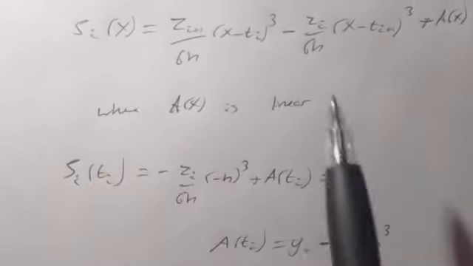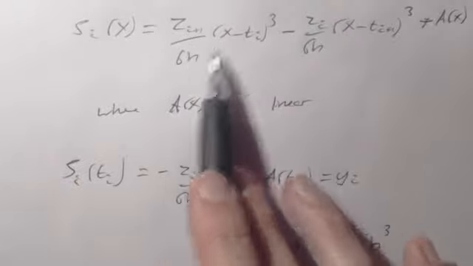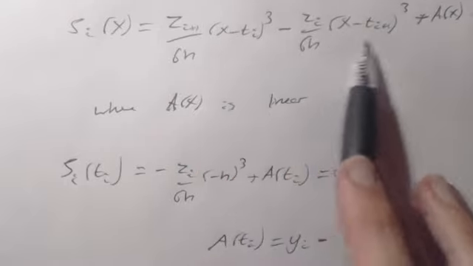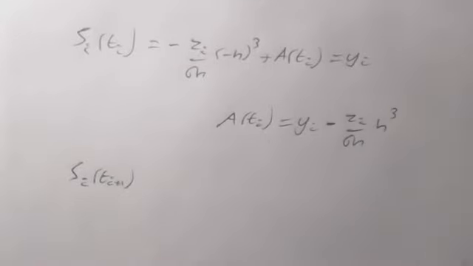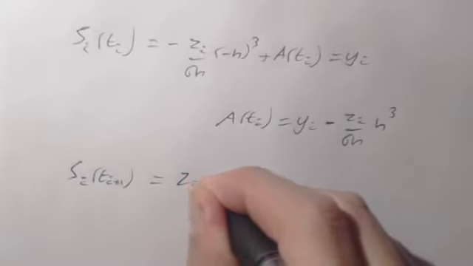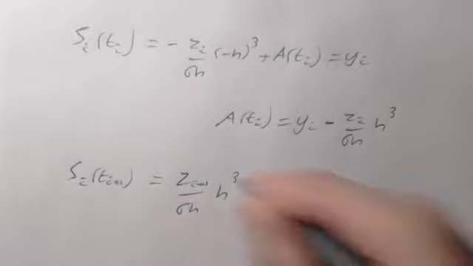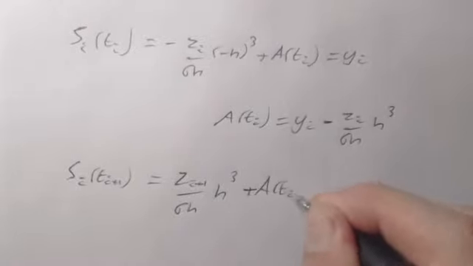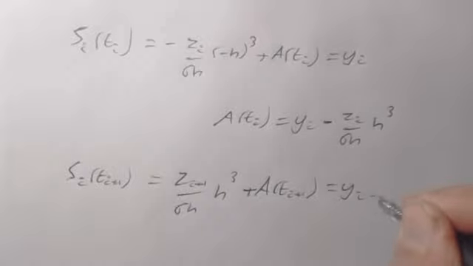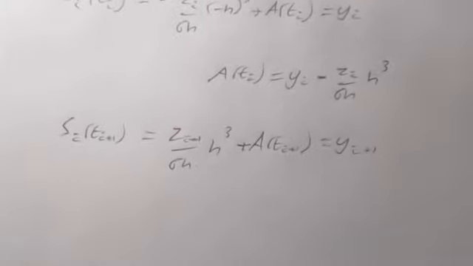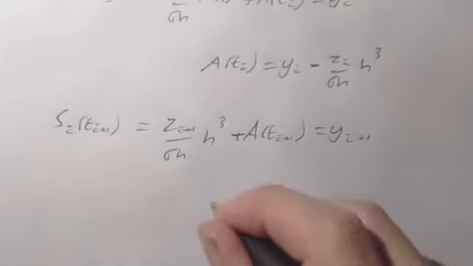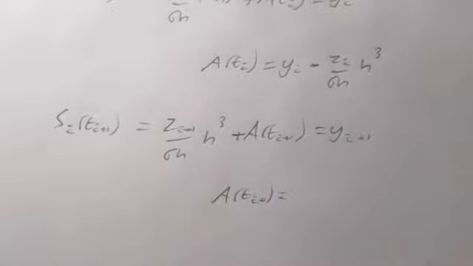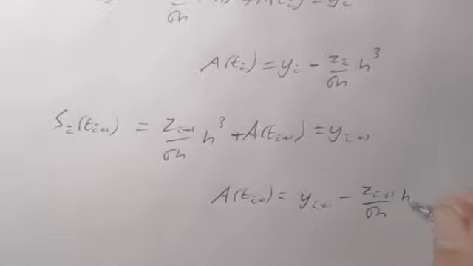Here's si, so at ti plus 1, this is going to be zi plus 1 over 6h cubed, this is 0, plus a ti plus 1, so equal to zi plus 1 over 6h cubed plus a ti plus 1 equals yi plus 1. So a ti plus 1 equals yi plus 1 minus zi plus 1 over 6h cubed.